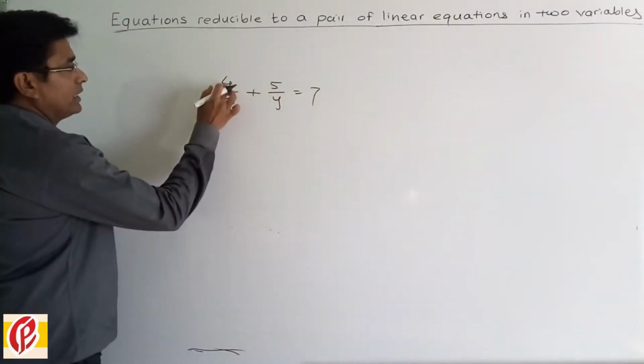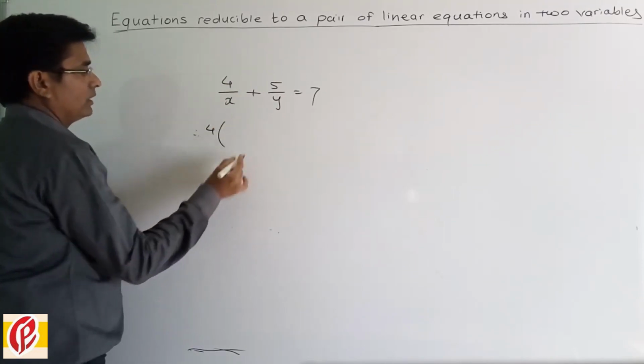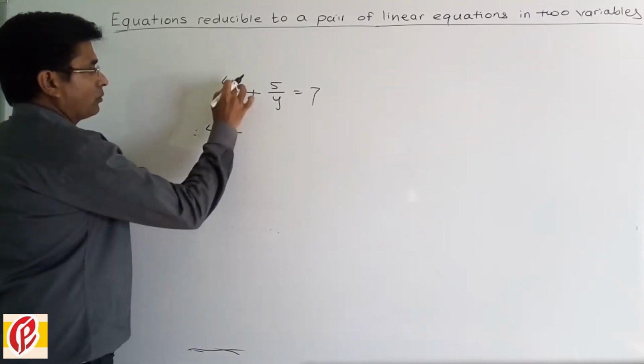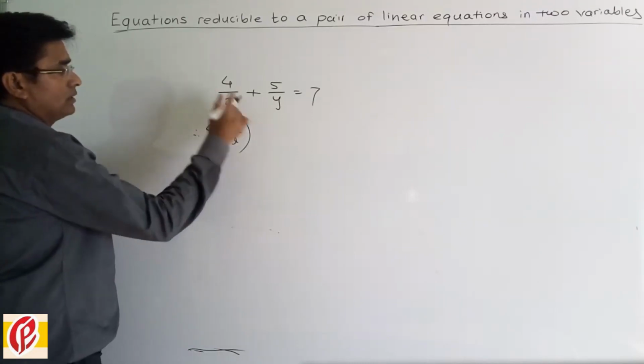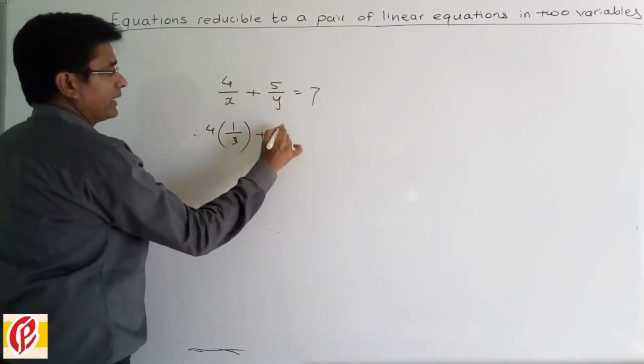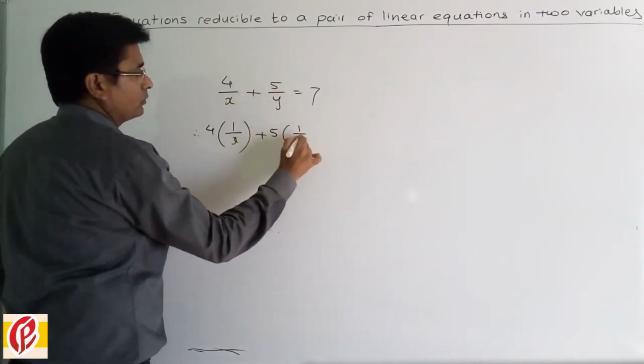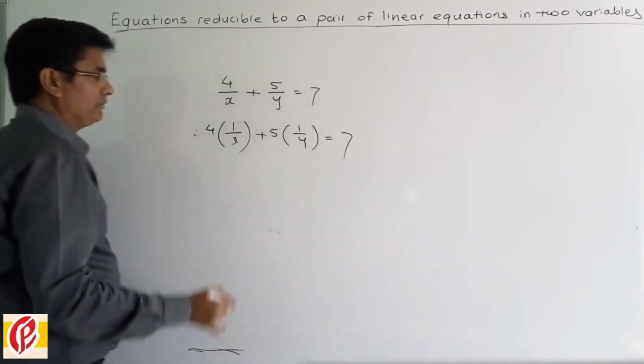For that, take this 4 outside the bracket, and what will be in the bracket? 1 upon x, plus take 5 outside the bracket, and in the bracket 1 upon y is equal to 7.